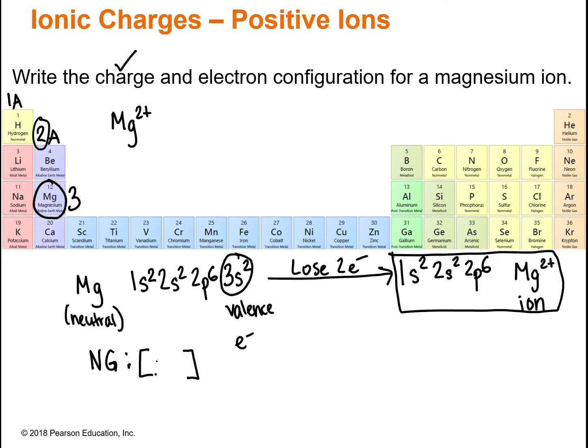Yeah, we're going to use neon because it's in the period above. So all of this, everything up through 2p6, is neon. Then we just write out what's left between neon and magnesium, and that's 3s2.